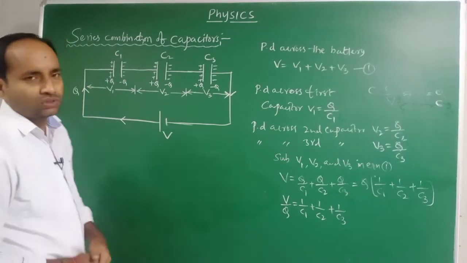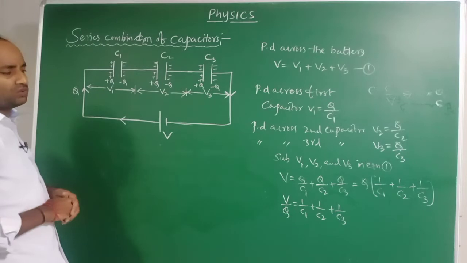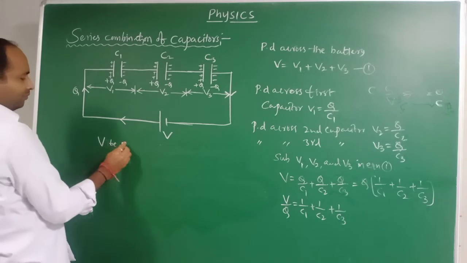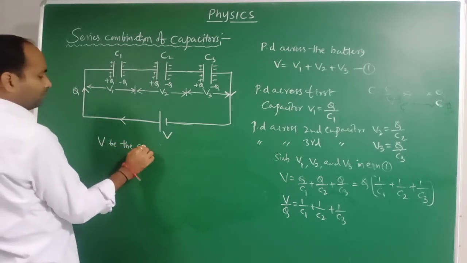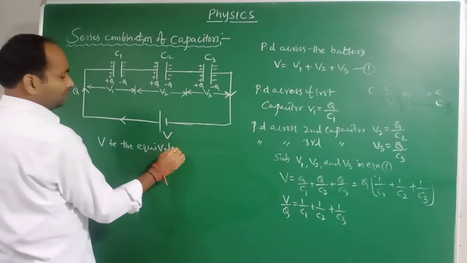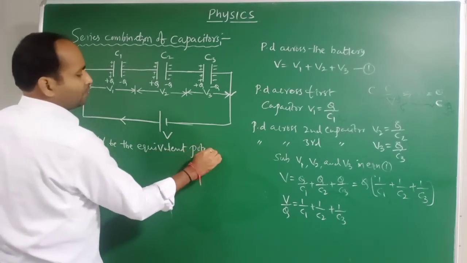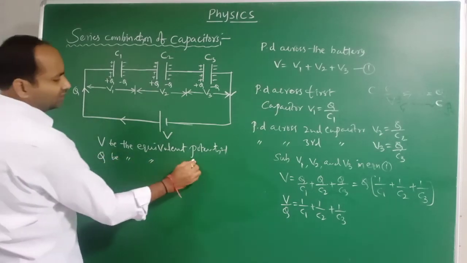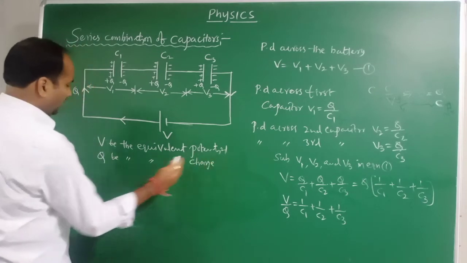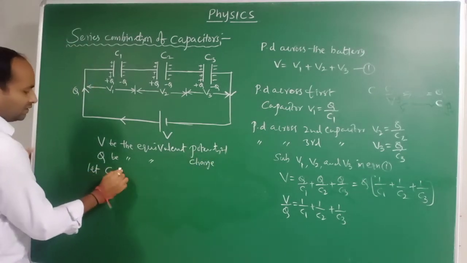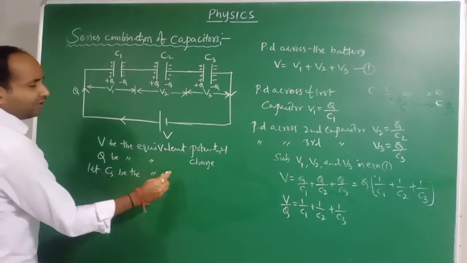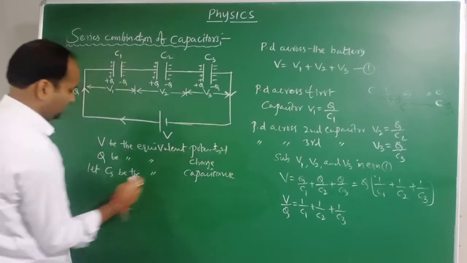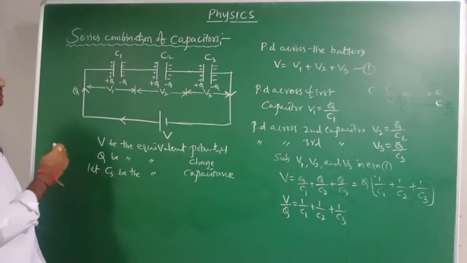What is the definition of capacitance? C is equal to Q by V. Here V is the equivalent potential and Q is the equivalent charge. Let Cs be the net or equivalent capacitance in series.